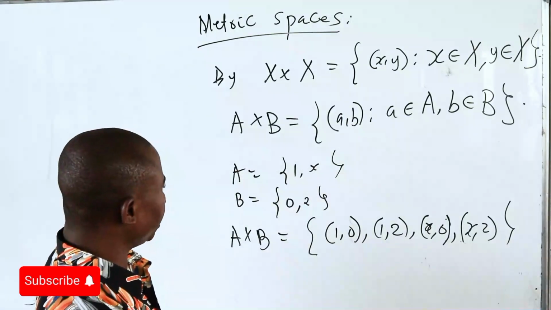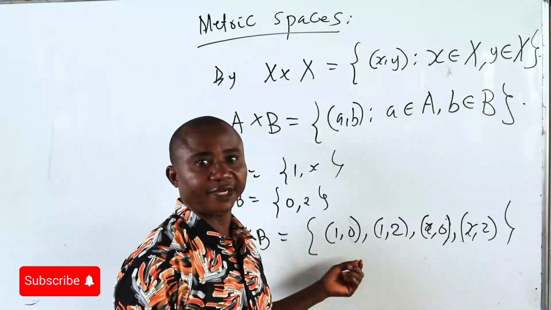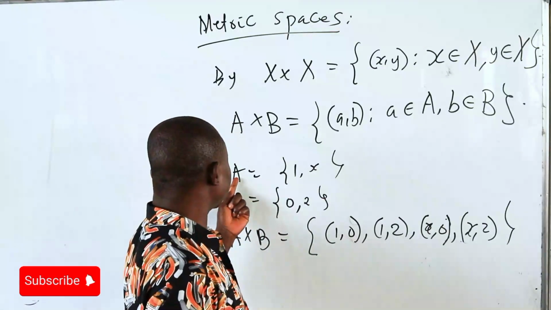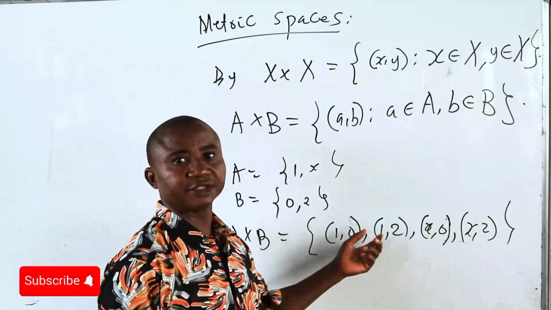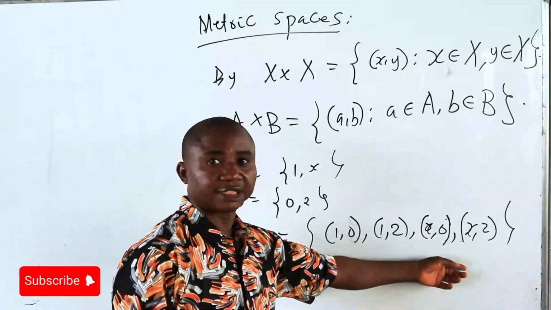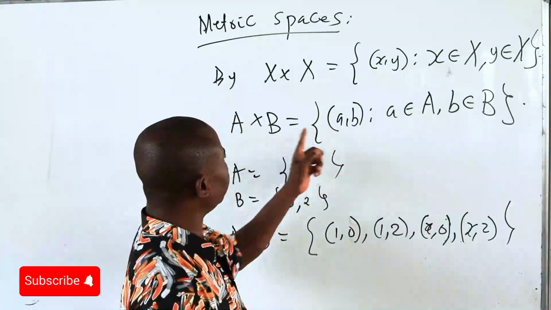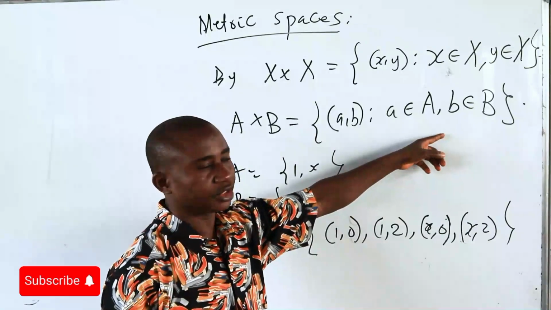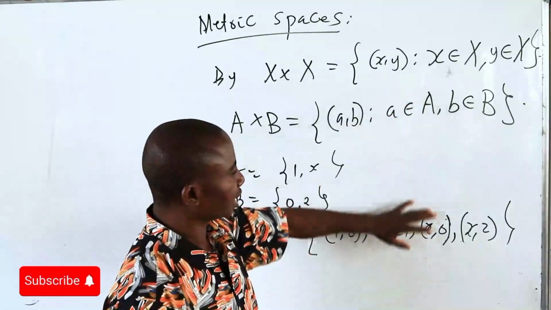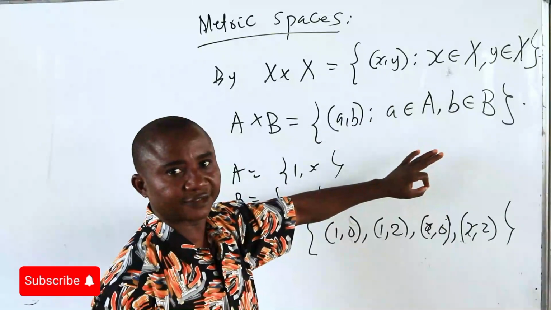If you observe closely, you see that there is an order that is obeyed. Elements of the set A must come first in all the elements in the set A cross B, in keeping with the general definition we have here. So this is what we mean by a Cartesian product of two sets.